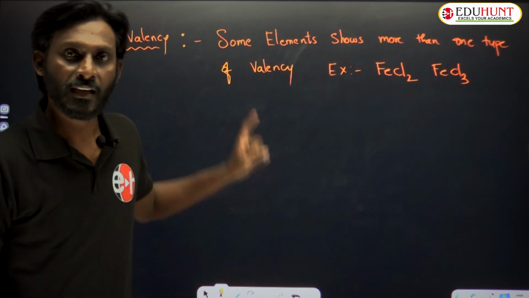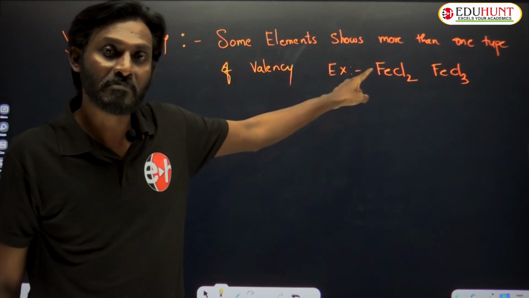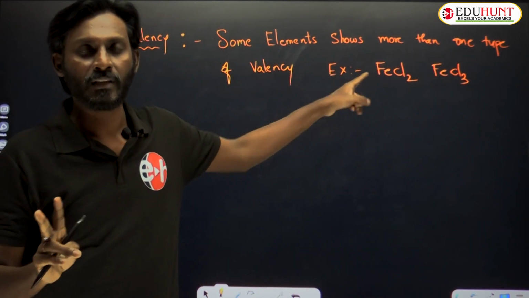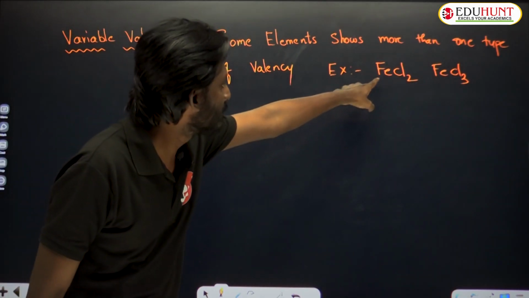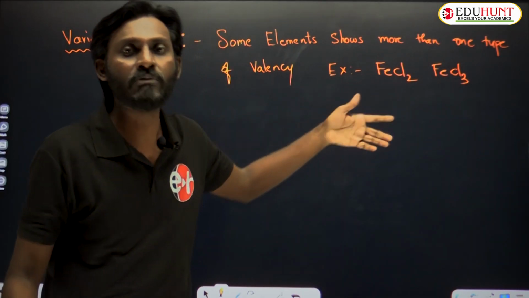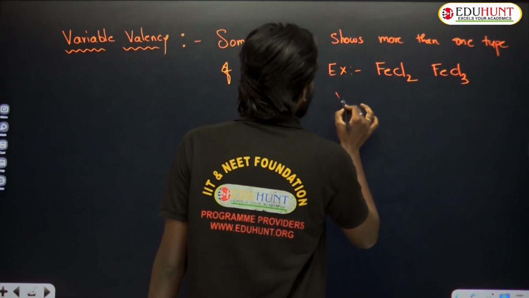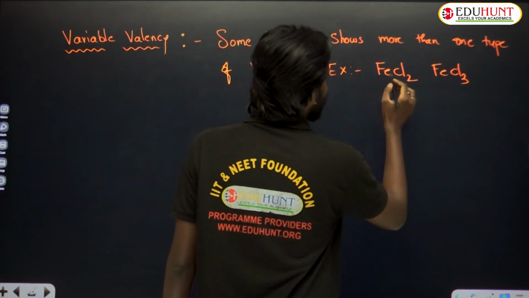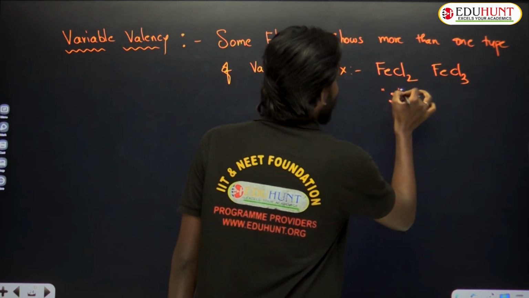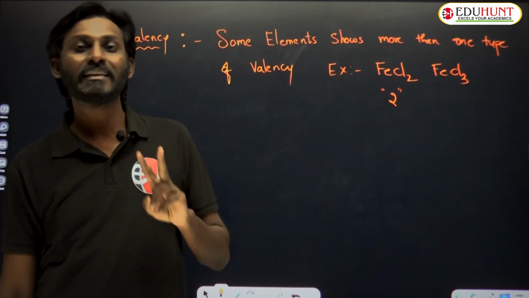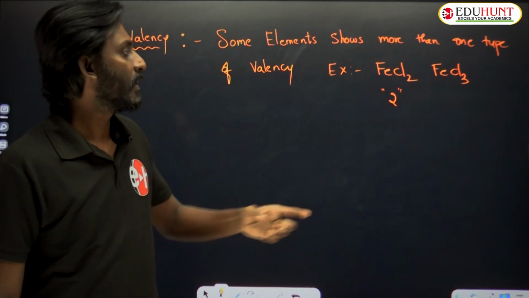Look at that carefully. What happened there? Here, iron combined with 2 chlorine atoms. By looking at this example, FeCl2, anyone can say that the combining capacity of iron here is 2. Valency is 2.